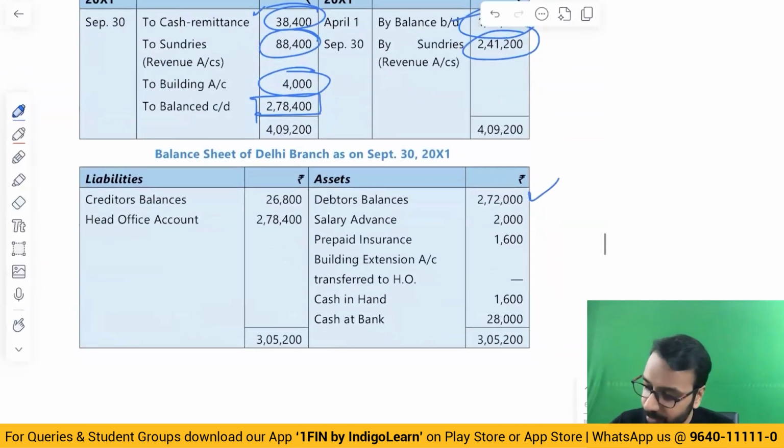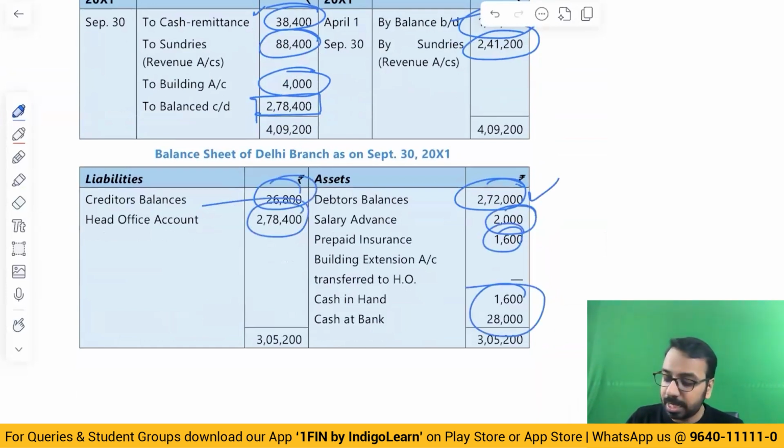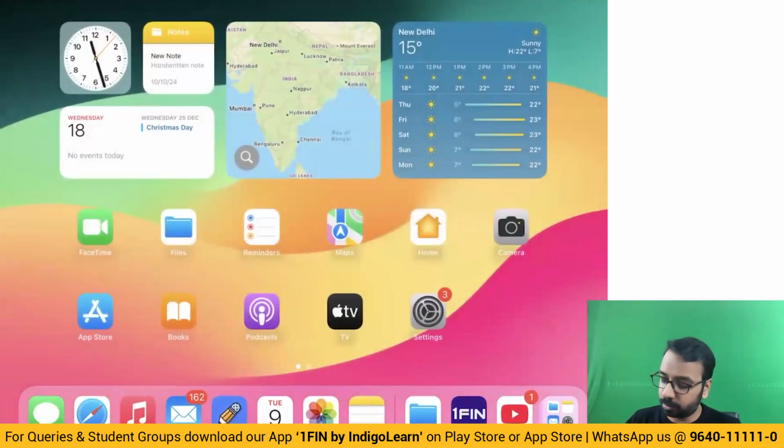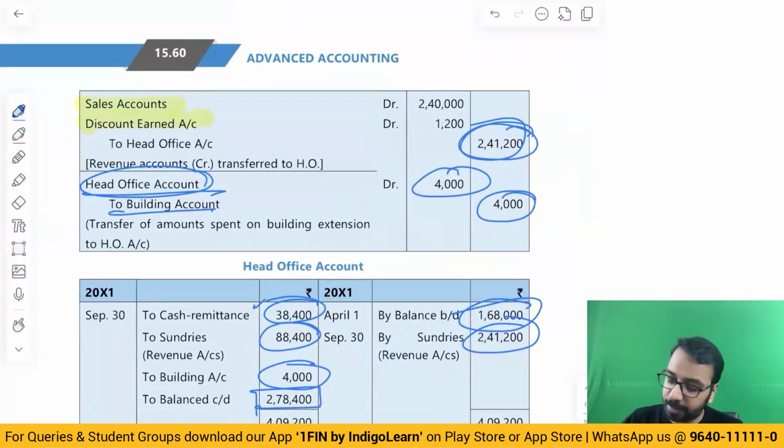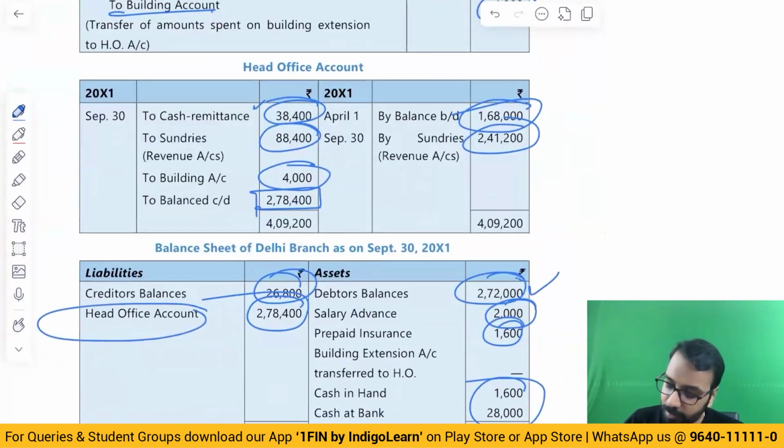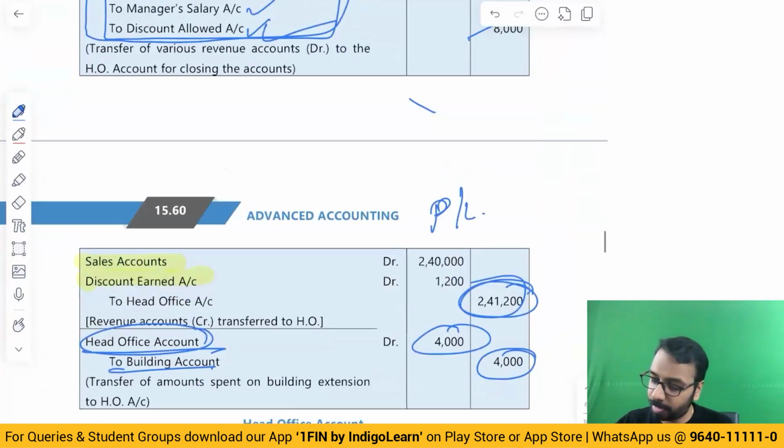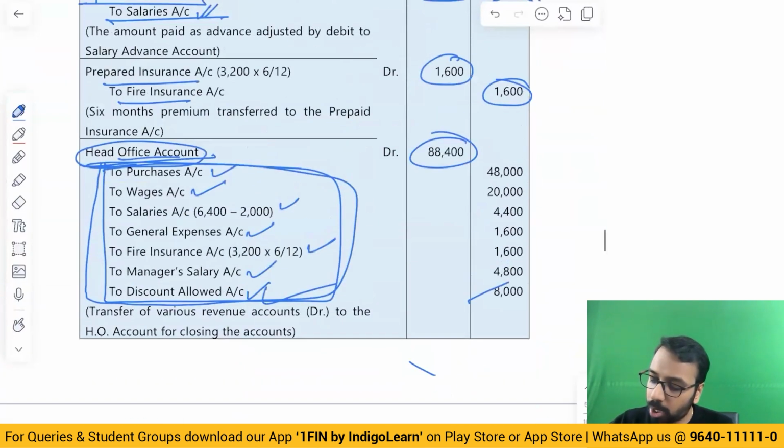Now in the balance sheet, you have debtors, salary advance, prepaid expense, cash in hand and cash at bank, creditors, and head office account. Now think of it logically: had we prepared the P&L, this head office account balance would have been the same because all the expenses and income we have independently transferred.